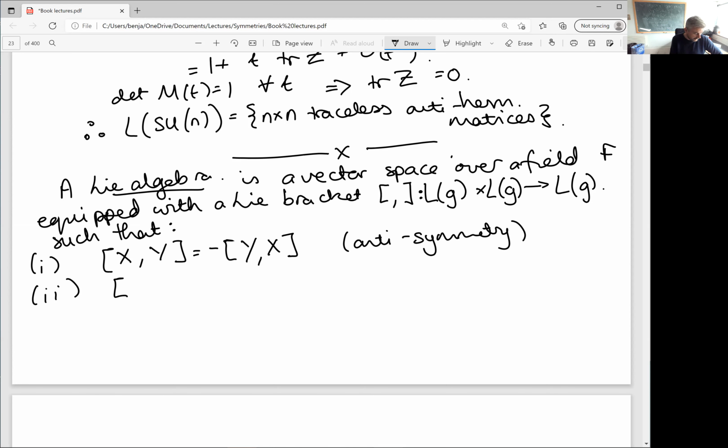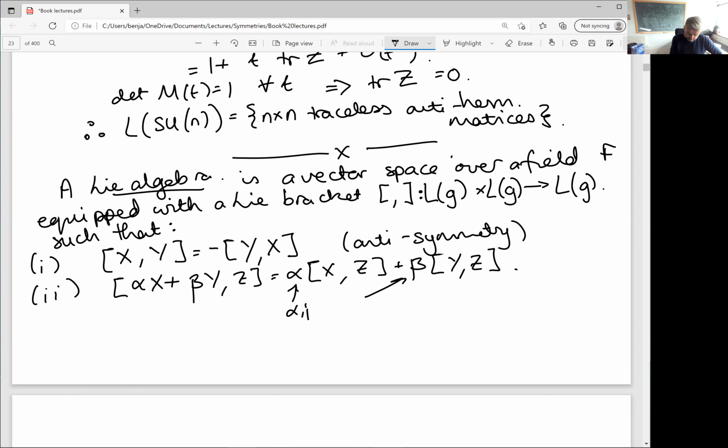So if we take 2 numbers alpha and beta in the field, the bracket of alpha X plus beta Y with Z is alpha [X, Z] plus beta [Y, Z].